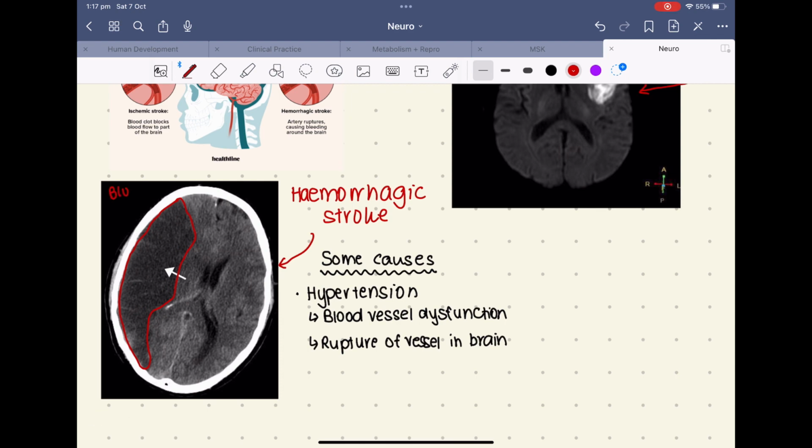But it's a darkened area, and that entire area is the blood in the subarachnoid space, which is the middle space in the brain. So you've got the dura mater most superficially, then the subarachnoid space, and then you've got the pia mater.